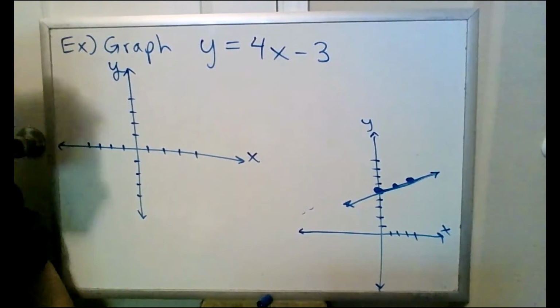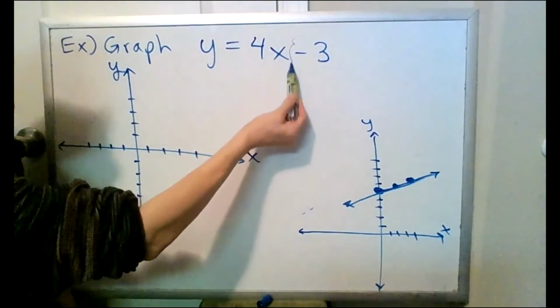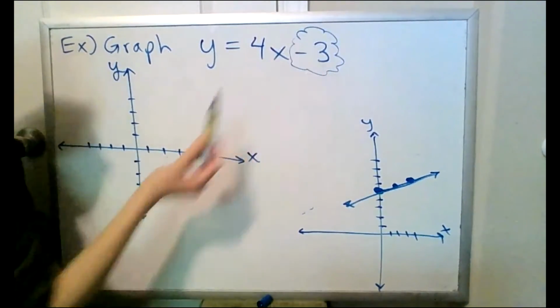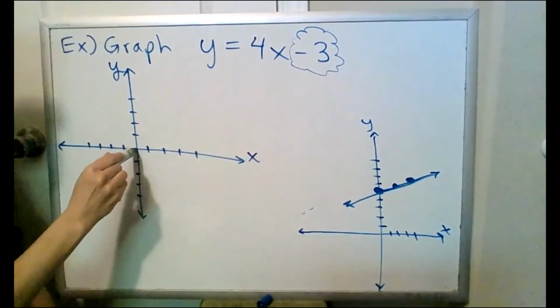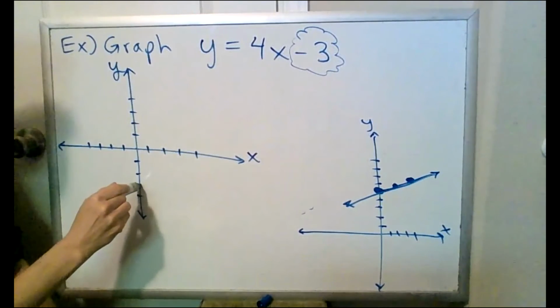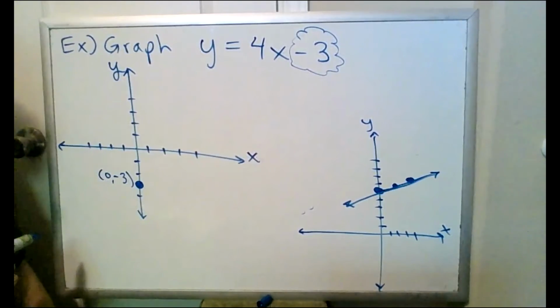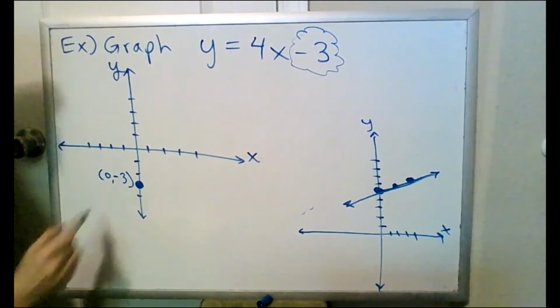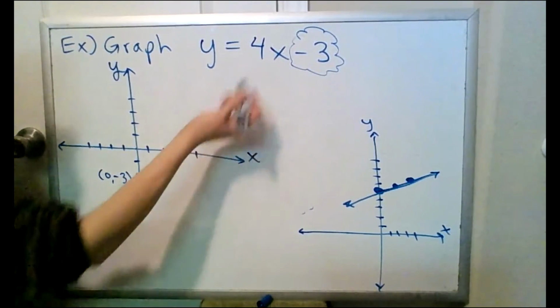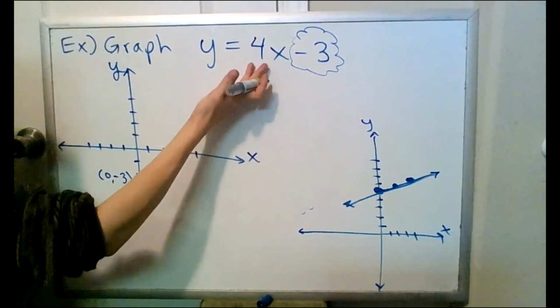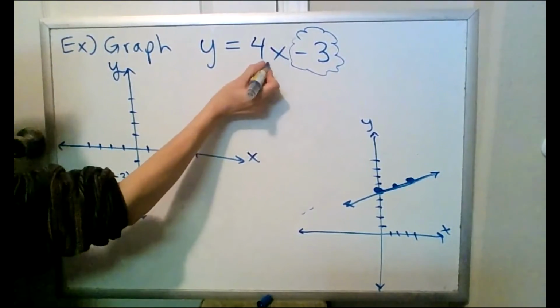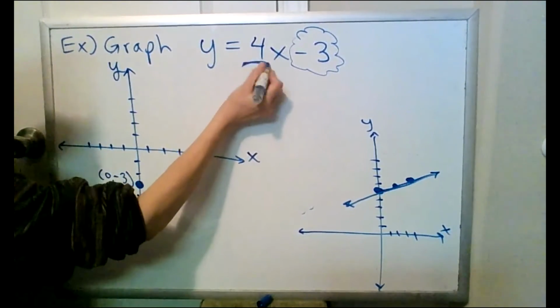Okay, so we are going to the y-axis and finding -3. The y-intercept is 0 for x and -3 for y. Then you want a numerator and a denominator. So I can take any number and put it over 1.